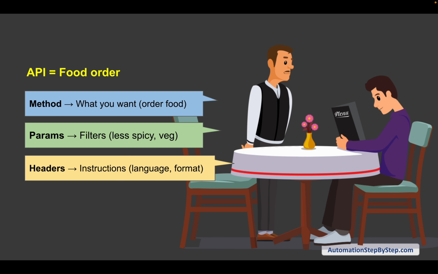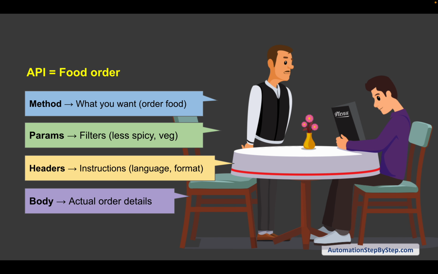So we can decide what language and what format we want to send our request in, or what language and format we want to receive the response in. All this comes under headers. These are the extra information or metadata that we send along with our request. And the body is your actual order details, which will contain your actual data or actual request, according to which the server will create and send the response.